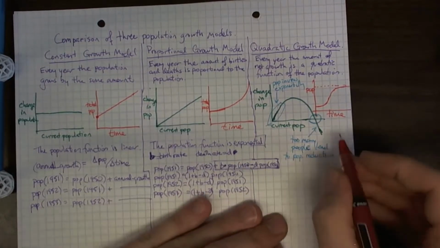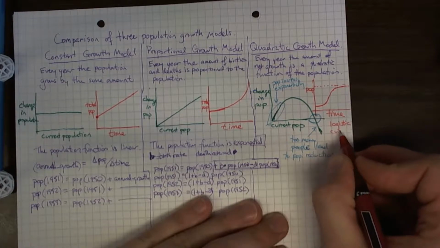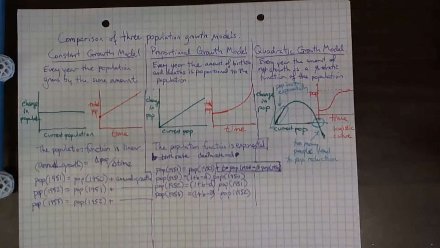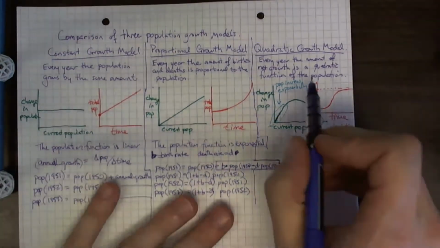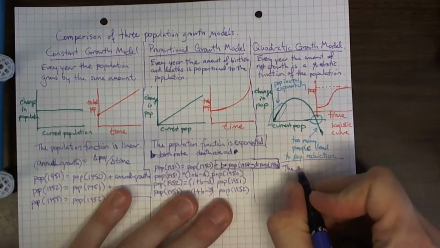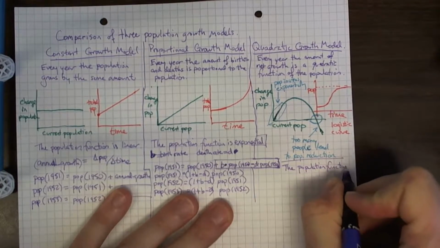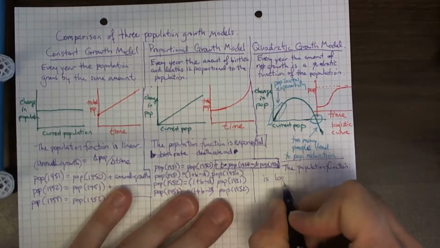And this is called a logistic curve. So when we have a quadratic growth model, then the population function is logistic.